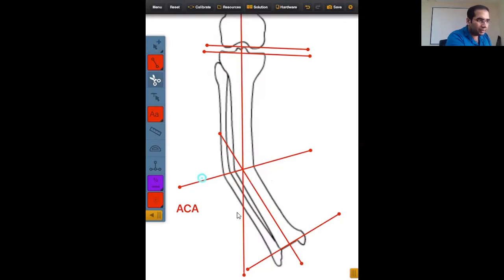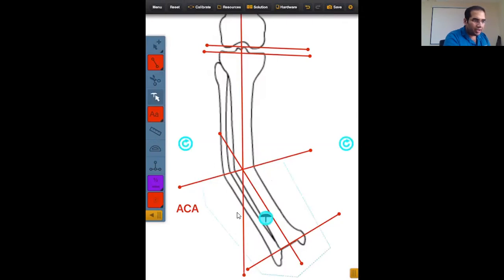Let me show you an example. We're going to spend maximum time on this one X-ray, and once everything is understood, we can quickly move to our next X-rays.